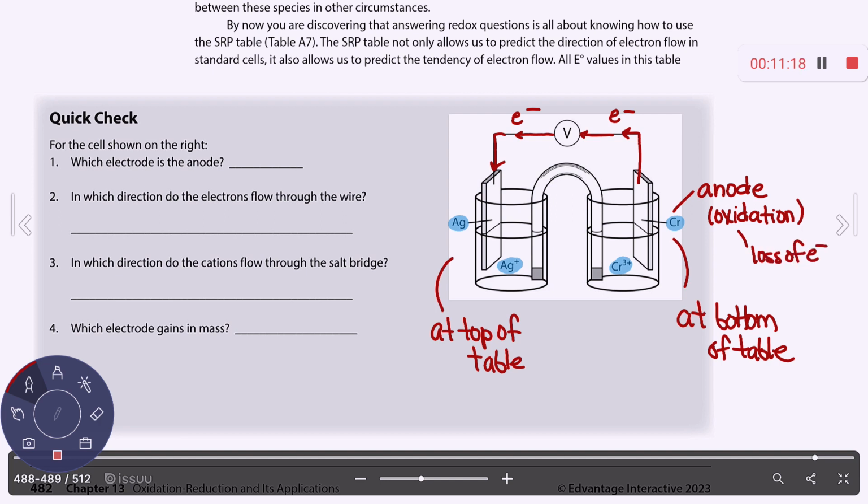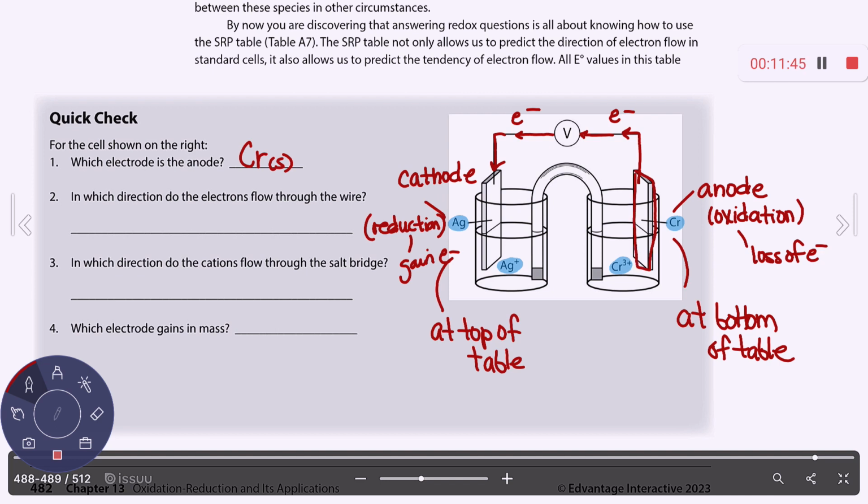Okay, so this is clearly losing electrons, so that means that the silver must be the cathode, because the cathode would be where reduction occurs, and when reduction occurs, we are gaining electrons. Okay, so which electrode is the anode? You would say the chromium electrode, which is the chromium metal, because this right here is a piece of metal.